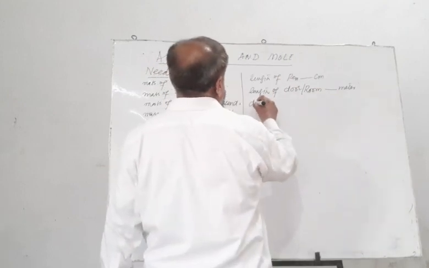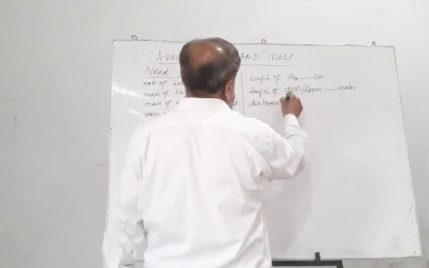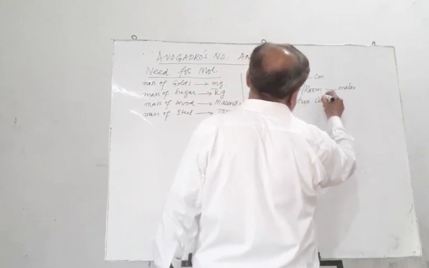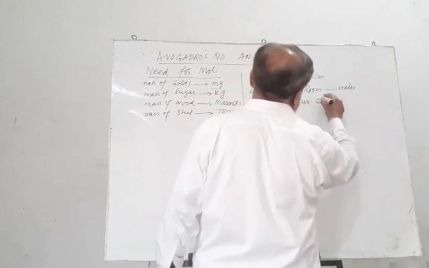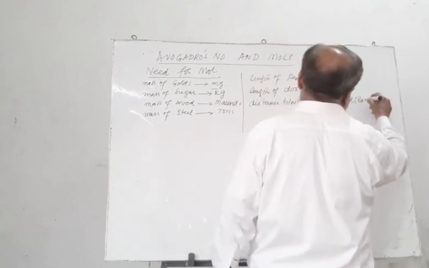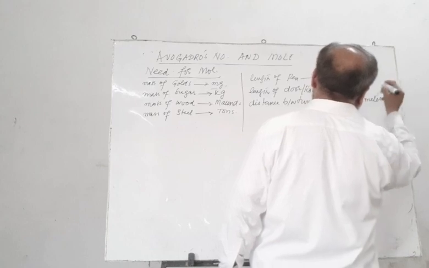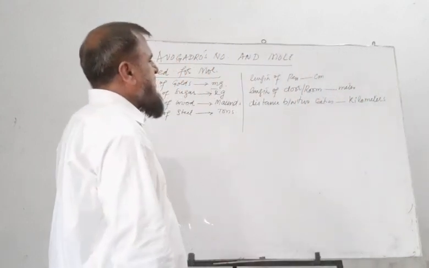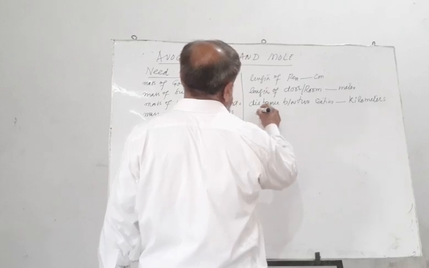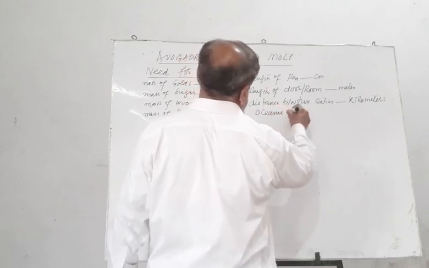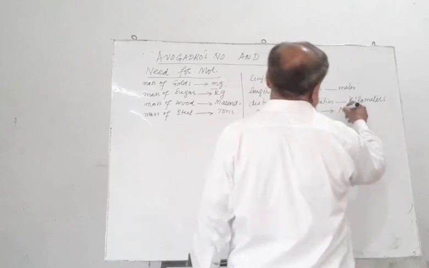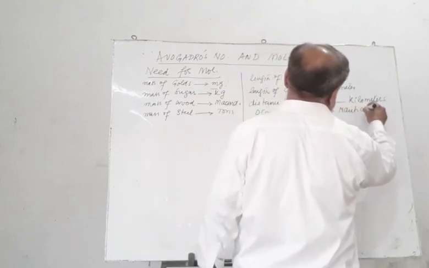The distance between two cities is usually expressed in kilometers, and oceanic distances are usually expressed in nautical miles.